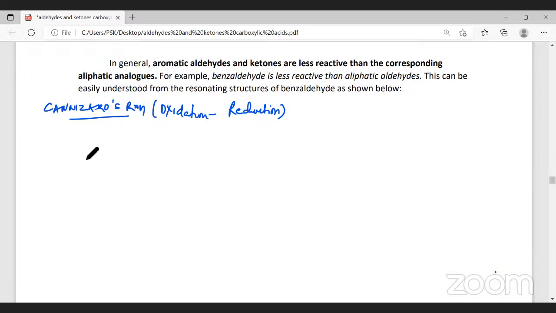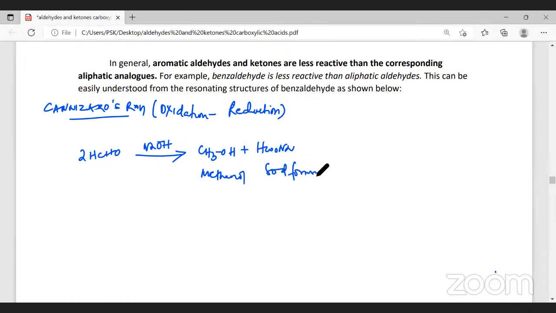Now, for an example, if we take formaldehyde, HCHO, this does not contain alpha hydrogen. When you shake formaldehyde with concentrated sodium hydroxide, we get an alcohol, methanol, and a salt of carboxylic acid. So you get methanol and sodium formate.